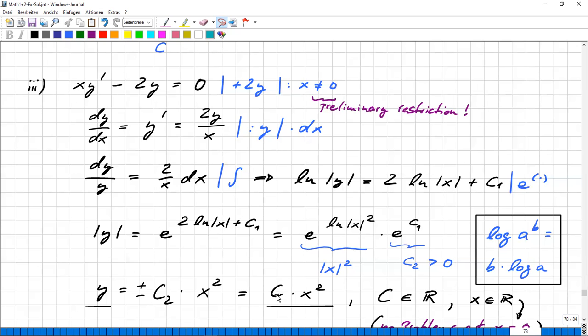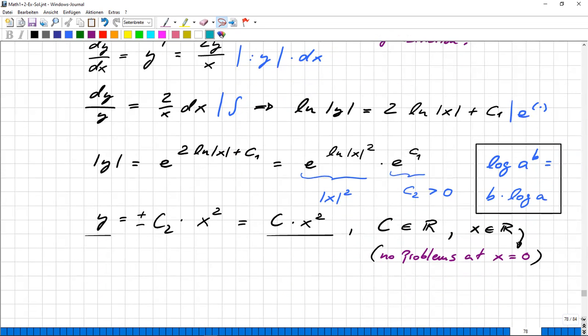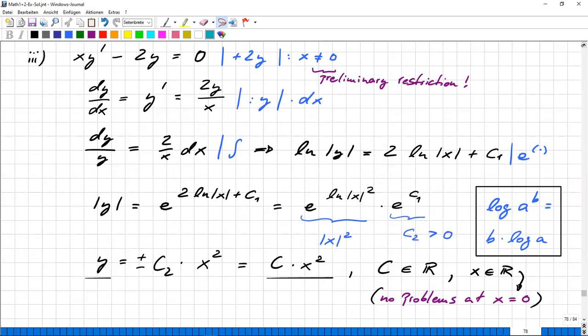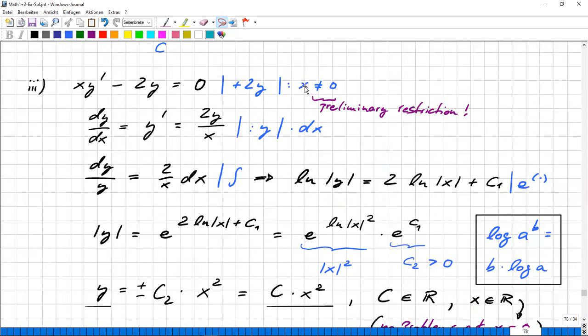Now, never forget checking whether c equals 0 is allowed, yes or no. In most cases, the answer is yes, because the 0 function, again, is a valid solution. But don't forget, this time we had to say that also x must not be equal to 0. But in the end, this is as harmless as asking whether y may be 0. Why?